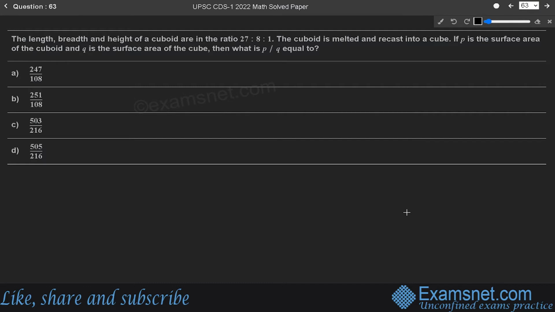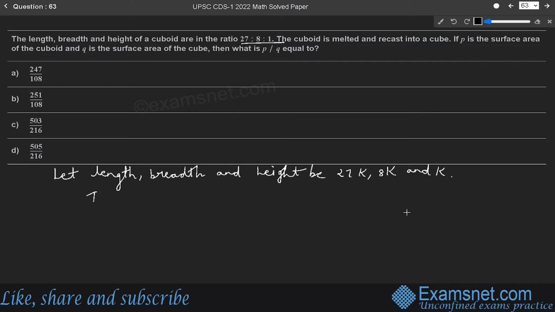Now, let the length, breadth and height be 27K, 8K and K according to this given ratio.